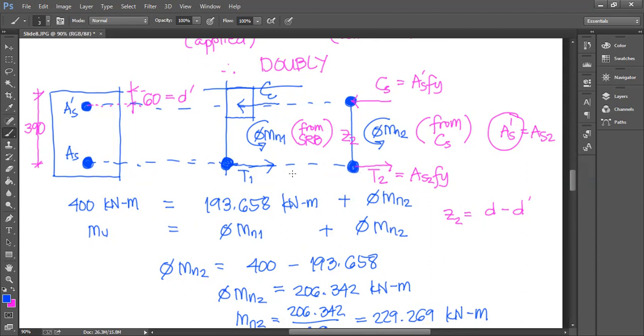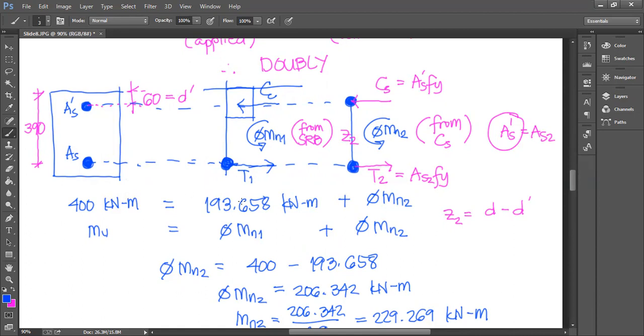So, ibig sabihin, from a standpoint na yung singly reinforced beam due to the maximum reinforcement, yung initial strength ng concrete beam natin, pwede tayong mag-compensate ng compression mula doon sa compression na initially ng concrete. Kumbaga yung capacity natin ng moment is hindi na-attain yung in-apply na load.